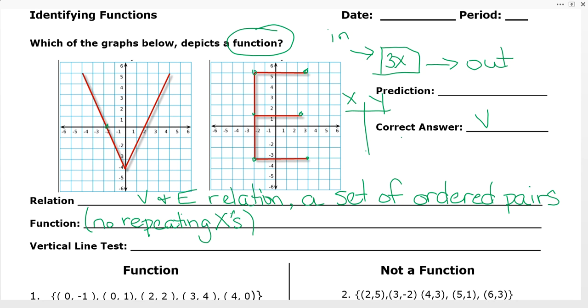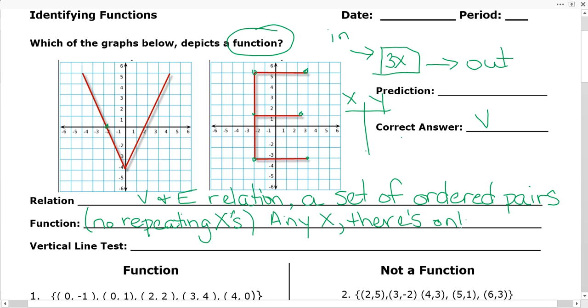For any number you put in for x, there's only one y value. Any number you put in for x, there's only going to be one y value that matches it.